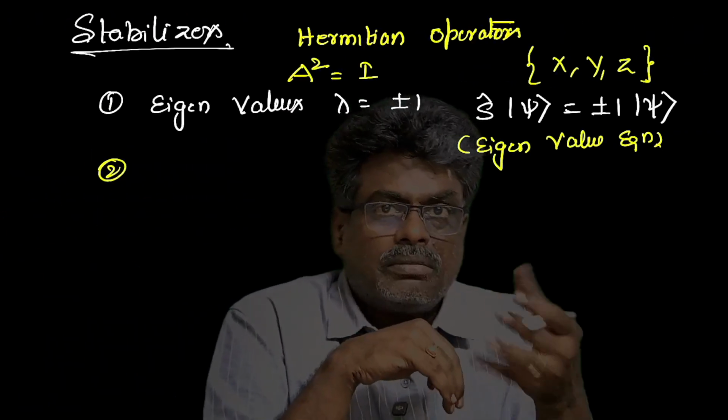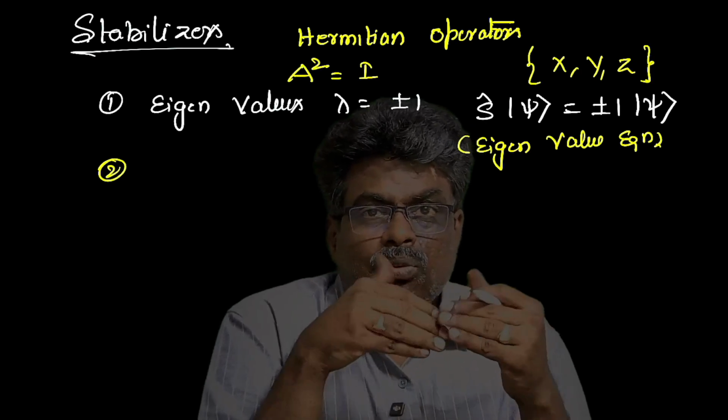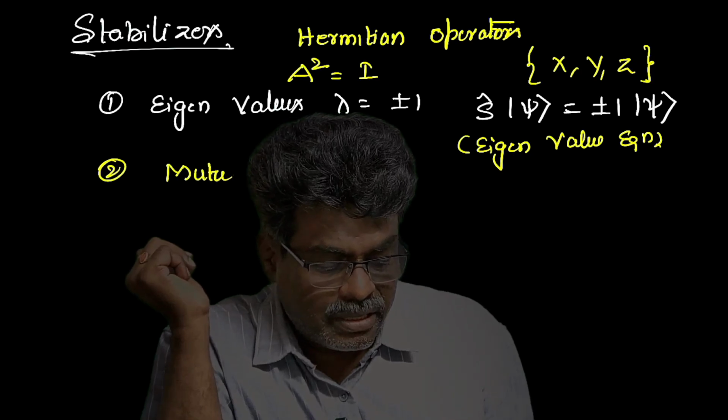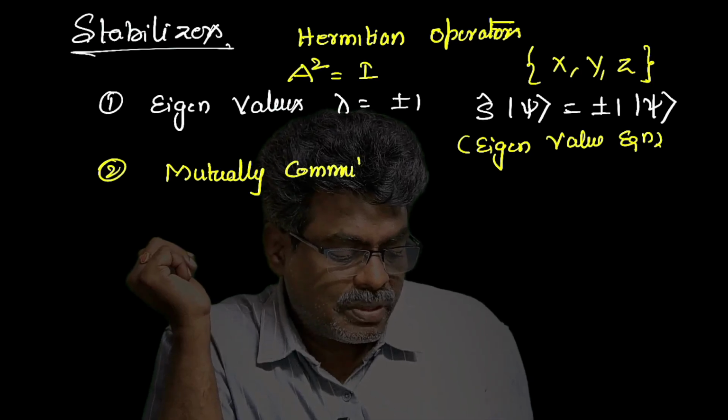So if you have more than one stabilizer, these stabilizers mutually commute. This is the most important. So what is the consequence of this mutual commutation?